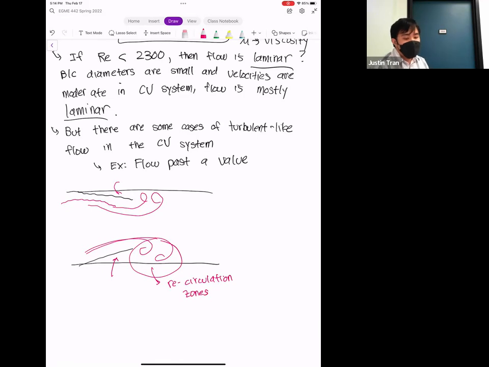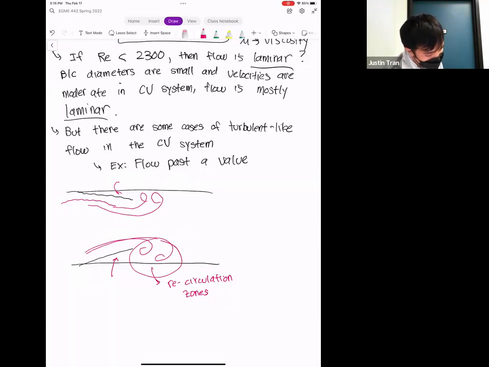And typically when you have recirculation, that's a marker of turbulent flow. And so even though the Reynolds number might not climb above 2300, it's still possible to have some structures like this, which mimic turbulent flow, and they share a lot of their properties. But right after this, it dies down to laminar.